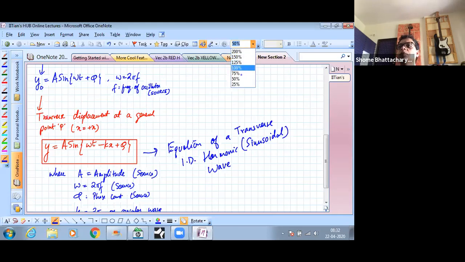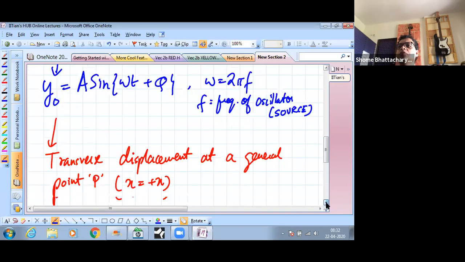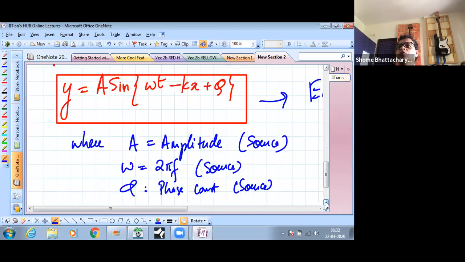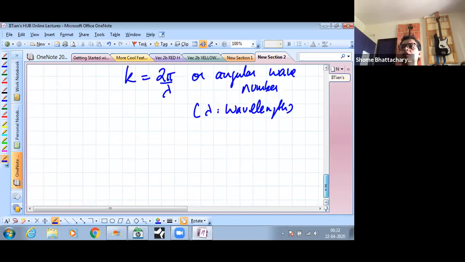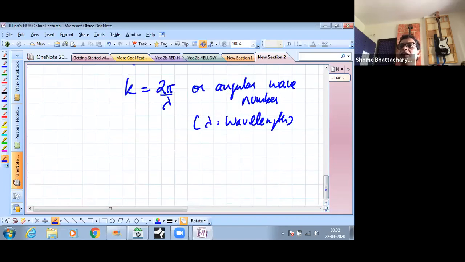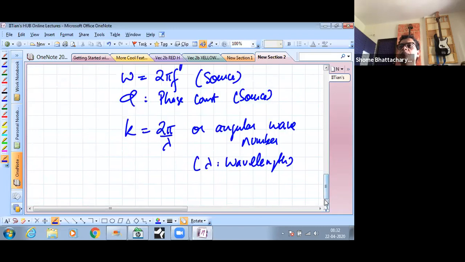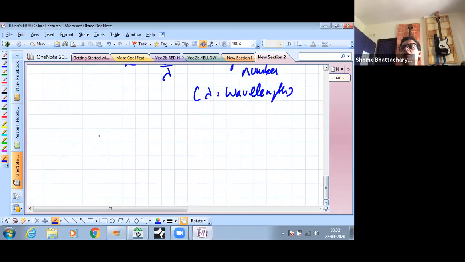Okay. Now coming back to this, a few more important things to understand, apart from the values of omega, k and phi. The next important thing here becomes the propagation speed of the wave, or we can also say the wave speed.